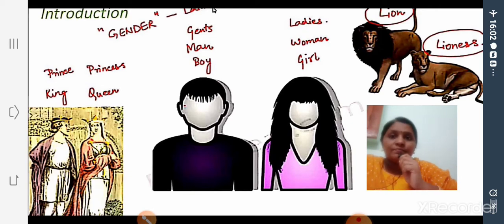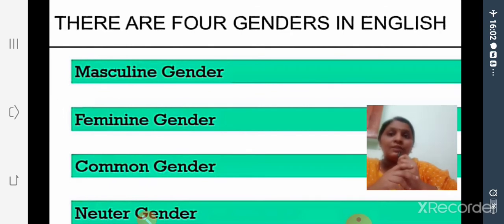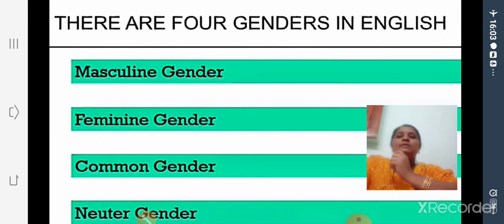You all know. There are 4 genders in English. So how many kinds of genders in English? There are 4 kinds of genders. What are they? Masculine gender, feminine gender, common gender and neuter gender. Okay, so there are 4 genders in English. They are masculine, feminine, common and neuter.